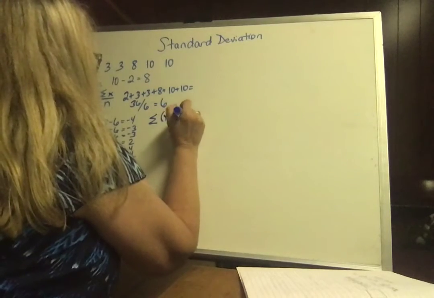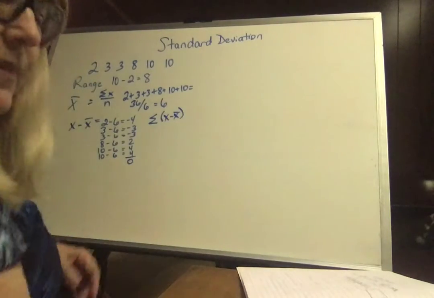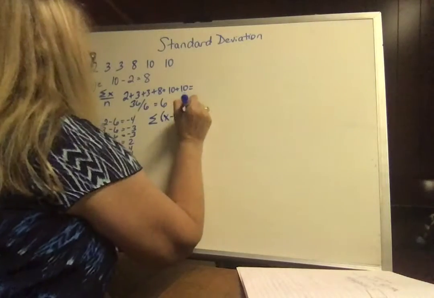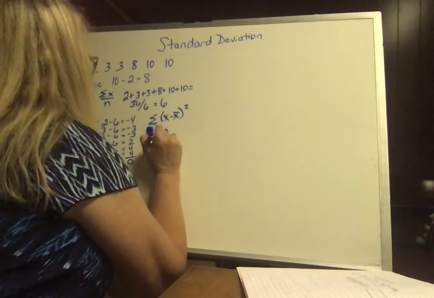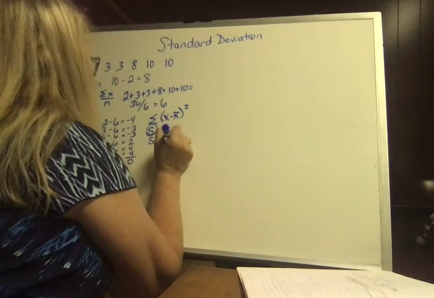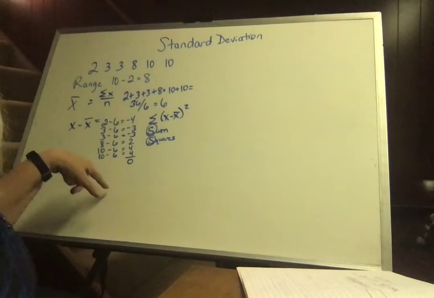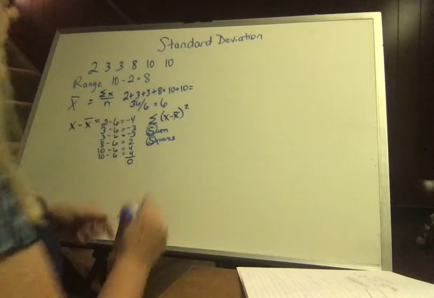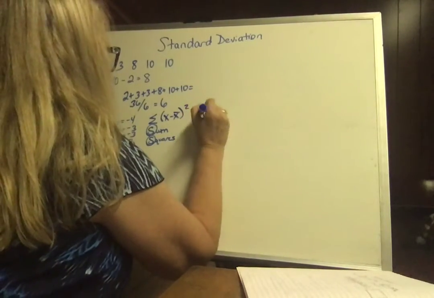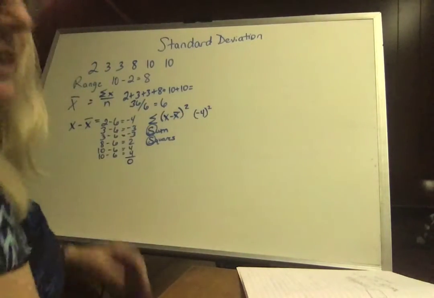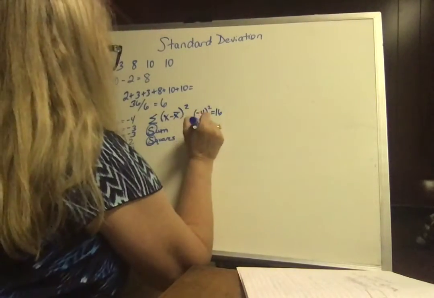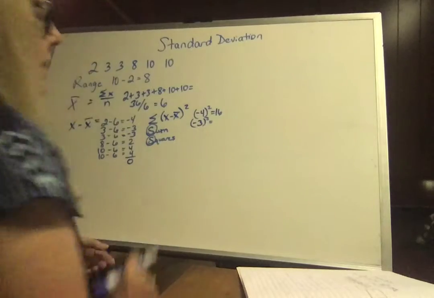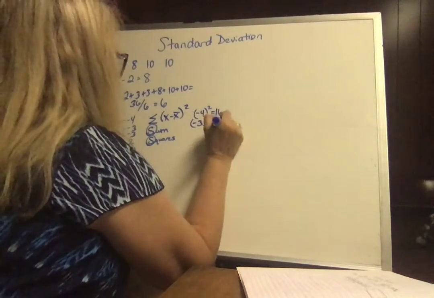The next thing they're going to have you do a lot of is the sum of x minus x bar squared. And they will refer to that as the sum of the squares. The sum of these numbers squared. -4 squared, -4 times -4. -3 squared, -3 times -3.